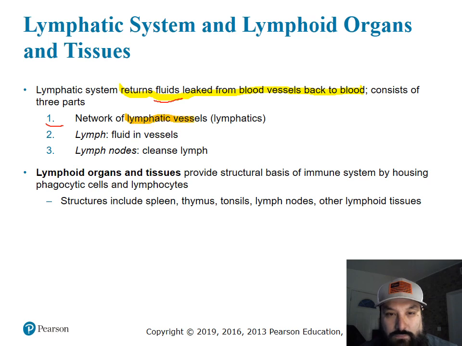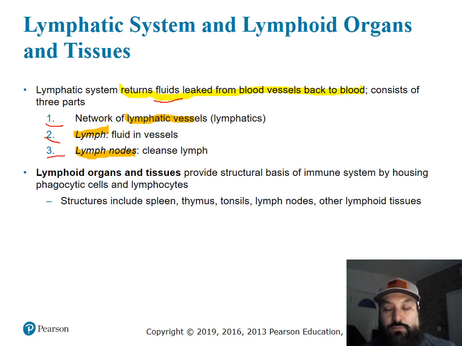Number two, lymph, which is the fluid in the lymphatic vessels. And number three, lymph nodes. These lymph nodes are little aggregates of lymphatic tissue that we're going to see in just a second, but their main function is to cleanse the lymph.